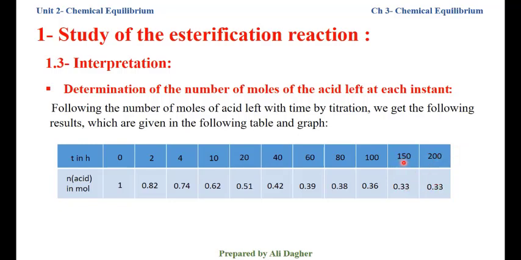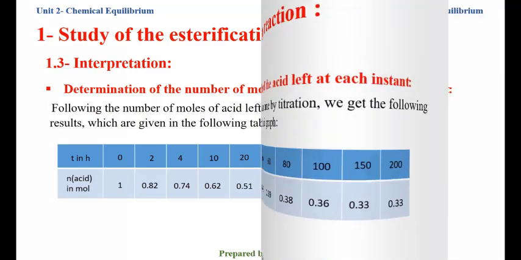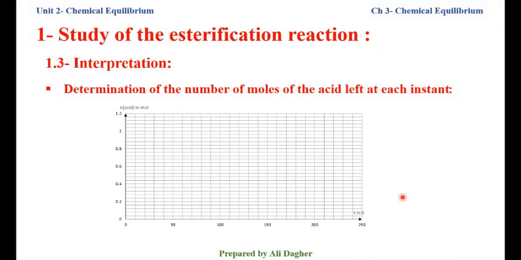Then t equal 150 hours represents the end time of the reaction if the reaction is complete. This graph shows the variation of the number of moles of acid with time. It decreases from 1, and at 150 hours it becomes constant. The curve becomes a straight line. That means the reaction has ended.